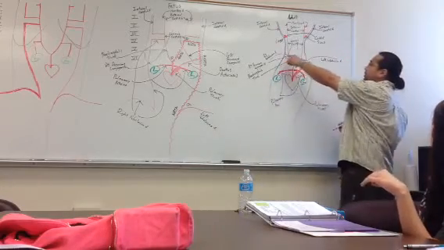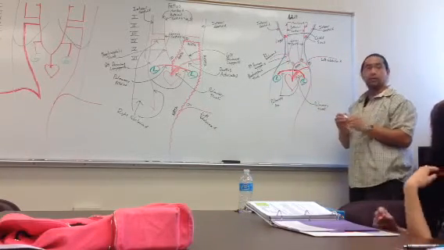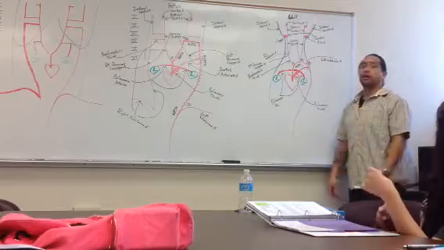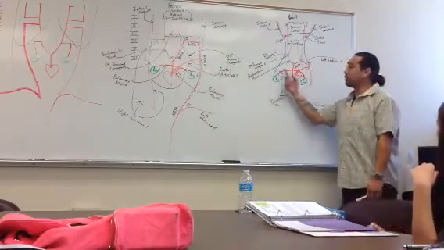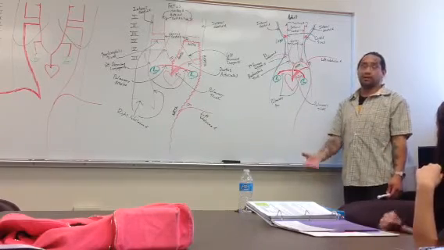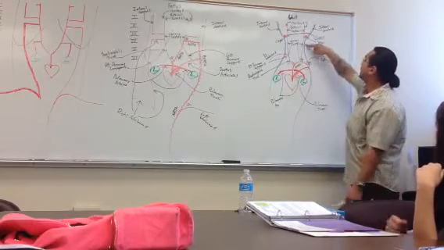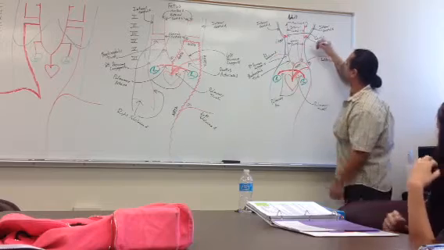What is the right recurrent laryngeal hooking around? Hooking around the right subclavian. So in the fetus and in the adult, it's hooking around the right subclavian. What's this right here? That's also vagus.